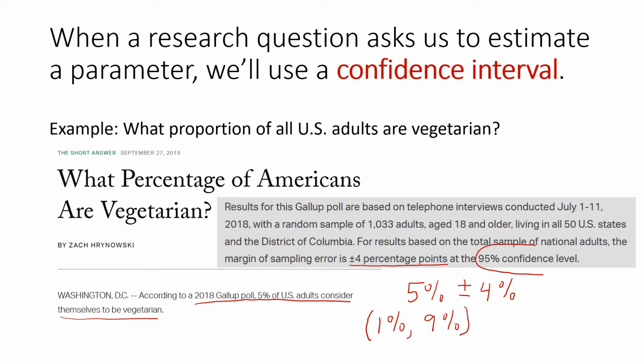And I'm 95% confident that somewhere between 1% and 9% of US adults are vegetarian. In Section 5.2, we'll be learning how to figure out how large the margin of error is, and also talking a lot about the appropriate way to interpret a confidence interval.